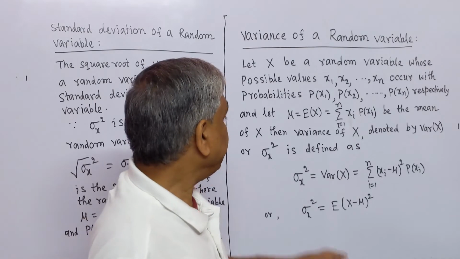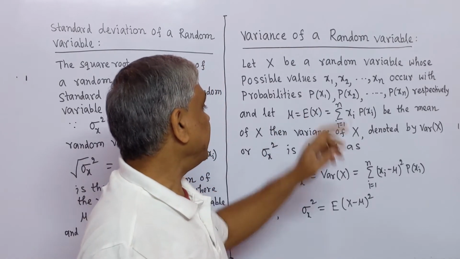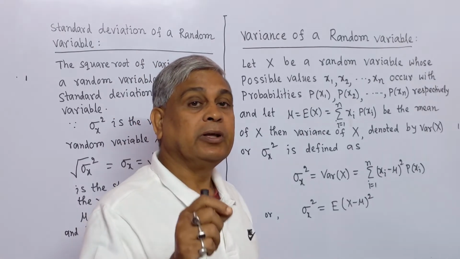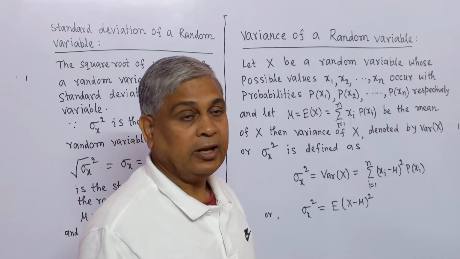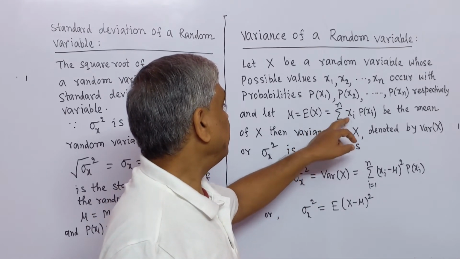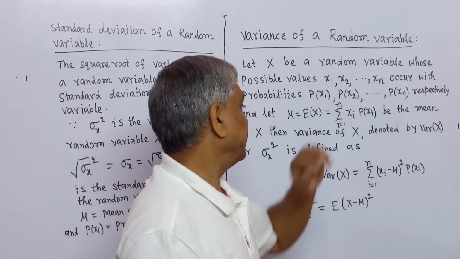And we know that mu equal to E(X) is the mean of the random variable, whose value is sigma i equal to 1 to n xi multiply pxi.